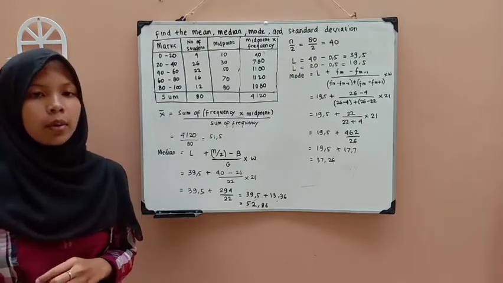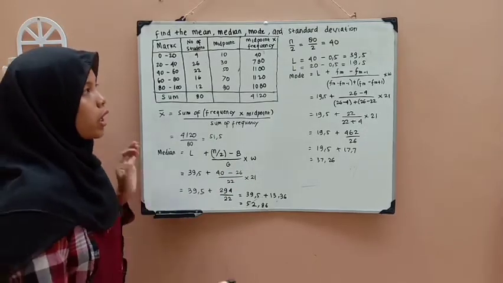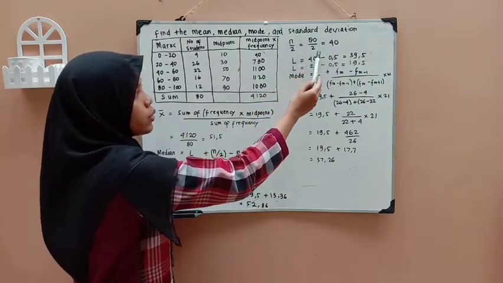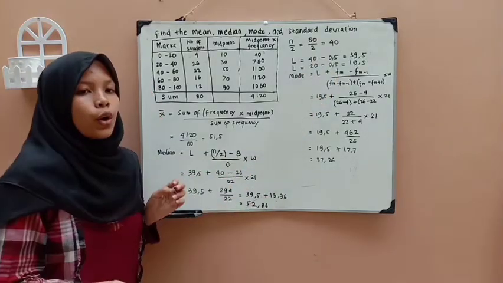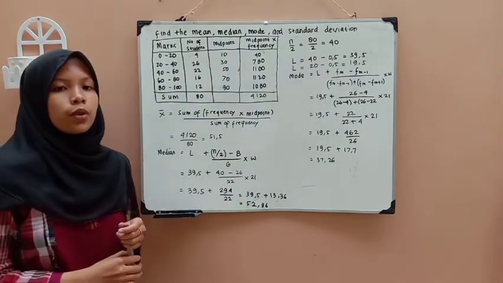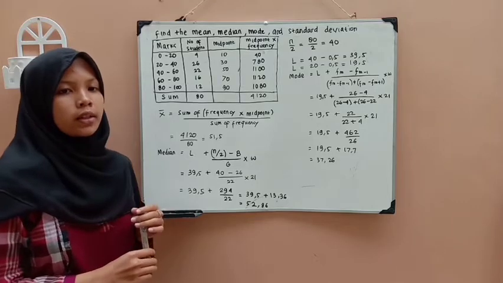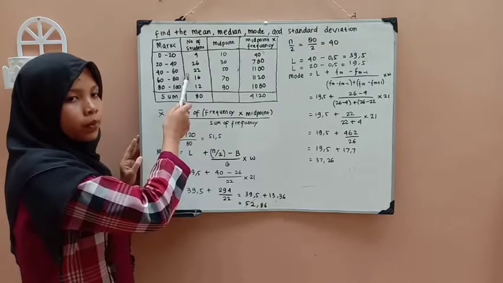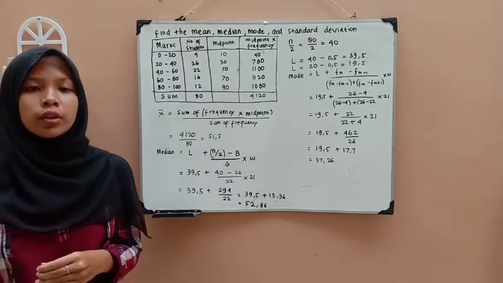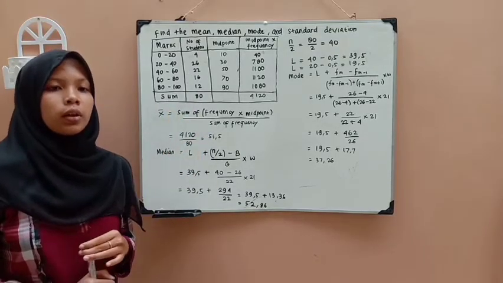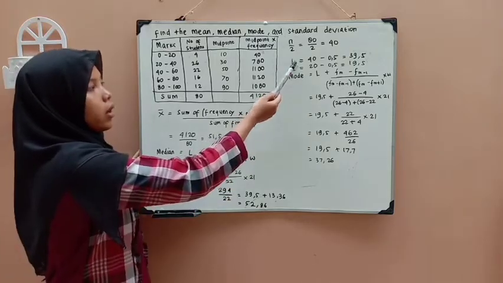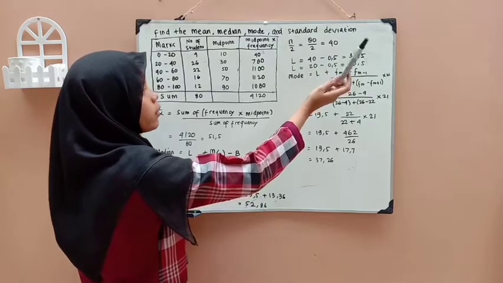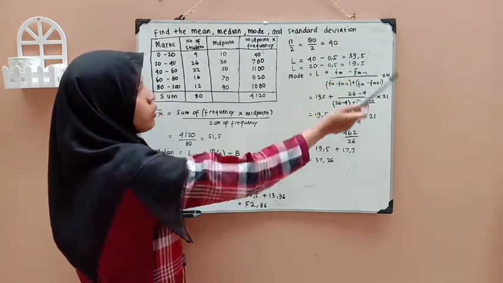The first step is to find the median position using N over 2 equals 80 over 2 equals 40. So the median lies in the 40th data, which lies in the class 40 to 60. The lower class boundary of the group containing the median is L equals 40 minus 0,5 equals 39,5.